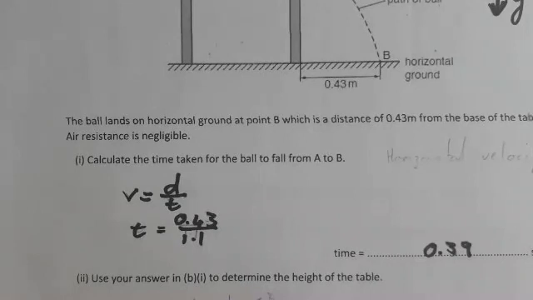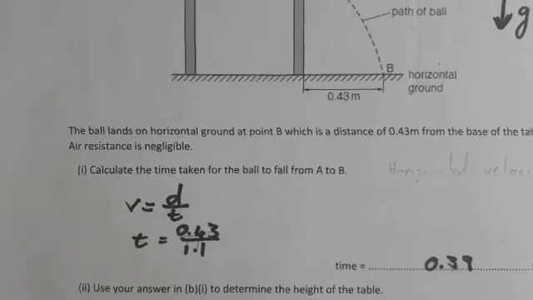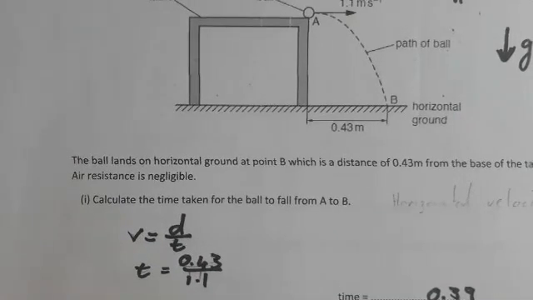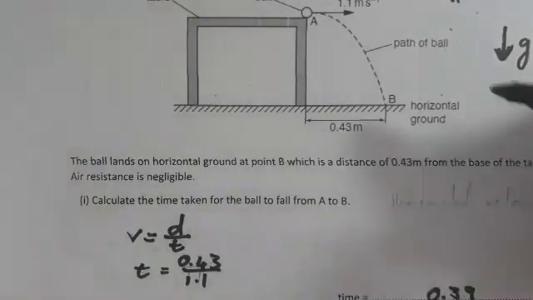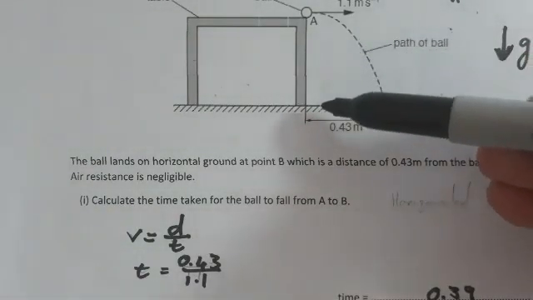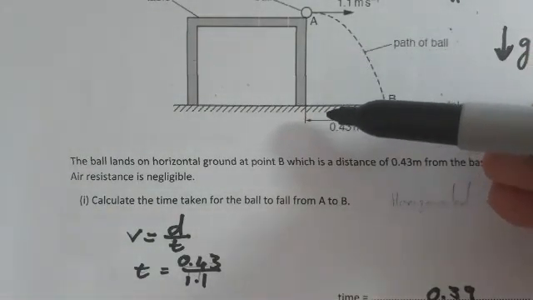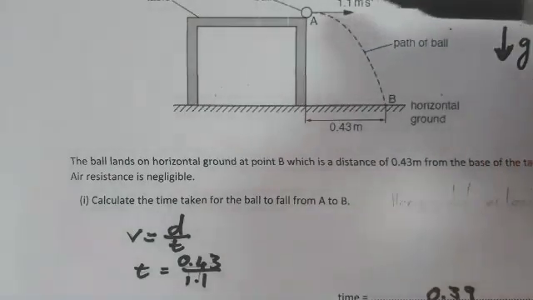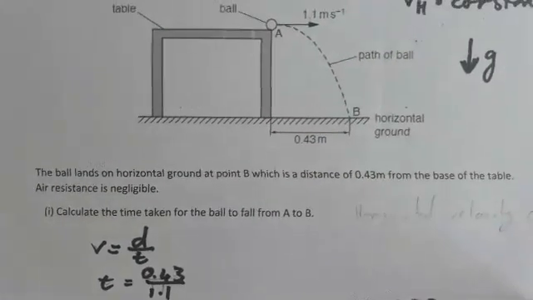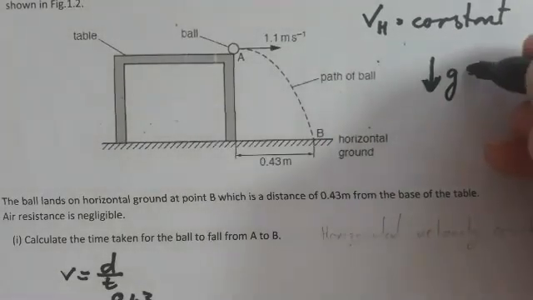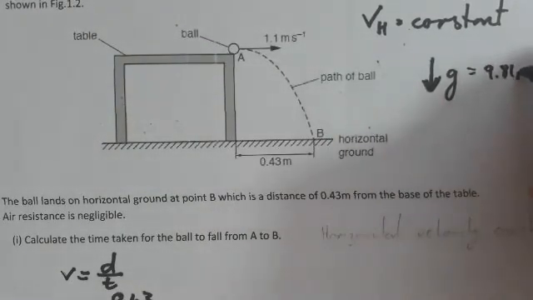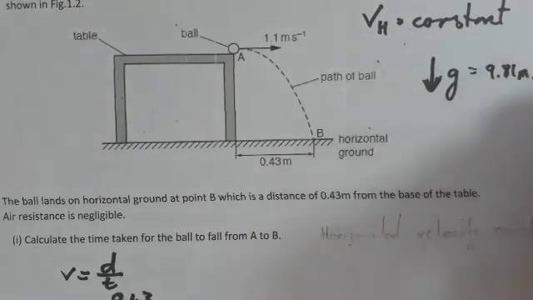For part II, use your answer in B(i) to determine the height of the table. So now we at least know the time that it takes for this ball to fall down. That's 0.39. We know gravitational acceleration for this is 9.81 meters per second squared.